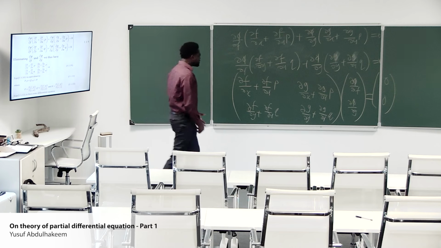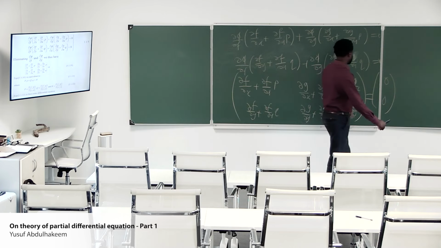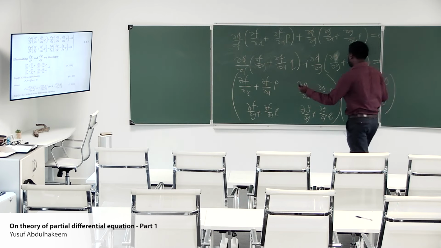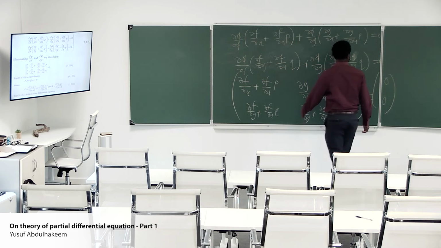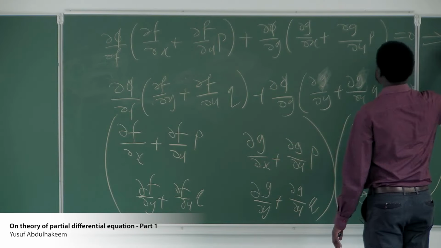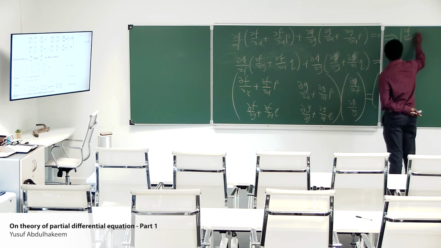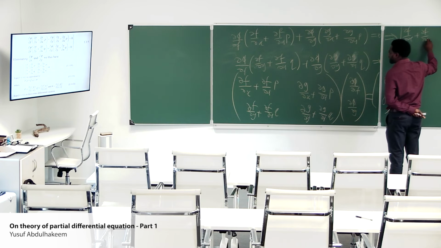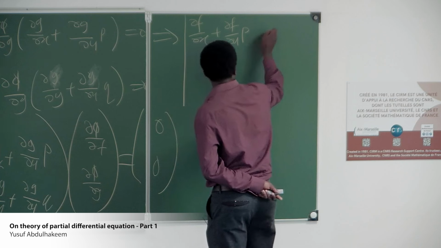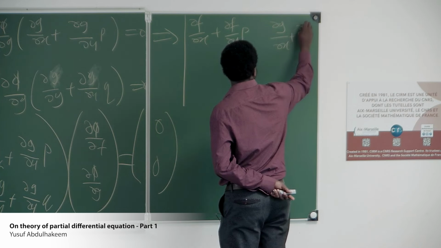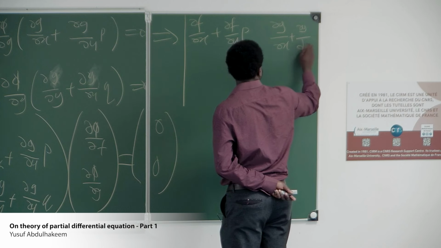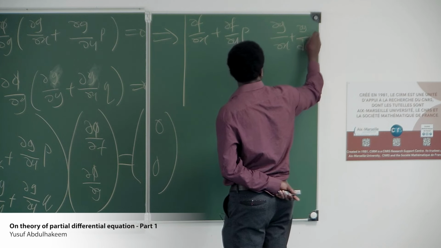Now, since everything here on the left hand side is equal to 0, then of course we can just say that the determinant of this matrix is equal to 0. So this implies that the determinant of ∂f/∂x plus ∂f/∂u, then we have p, then ∂g/∂x plus ∂g/∂u, then we have p.